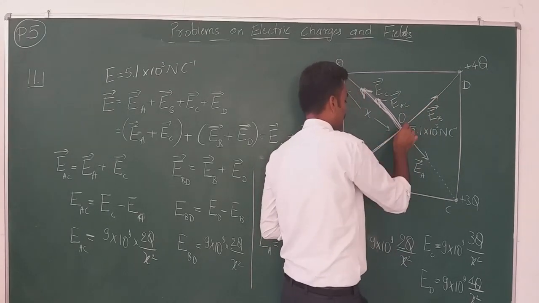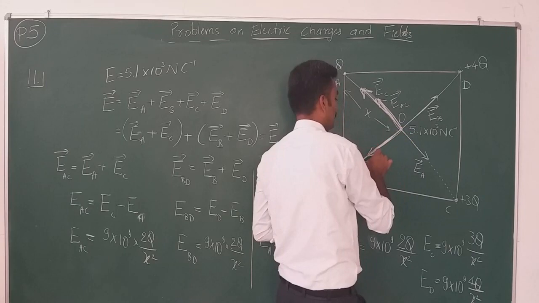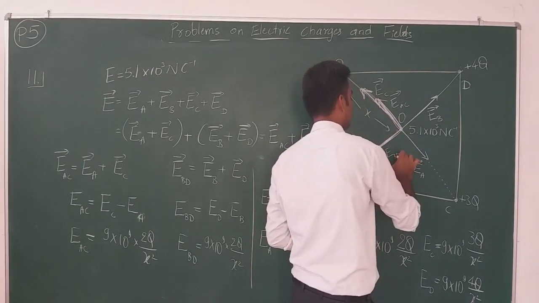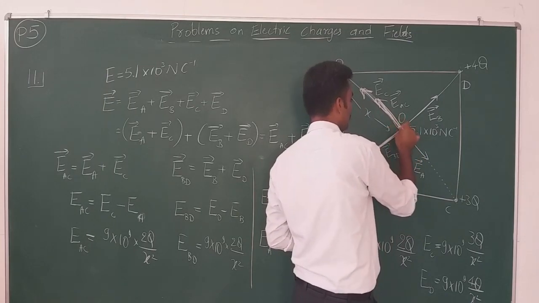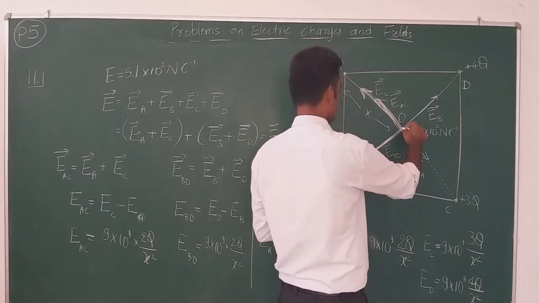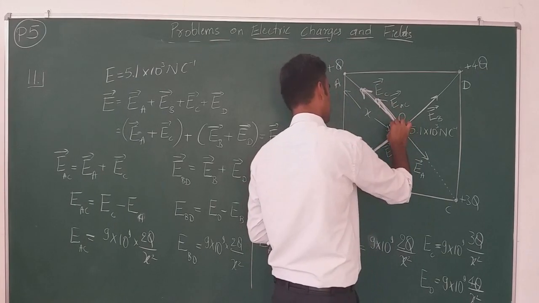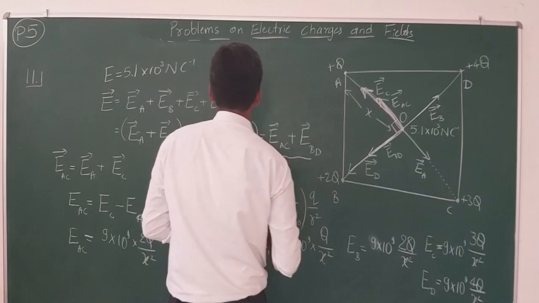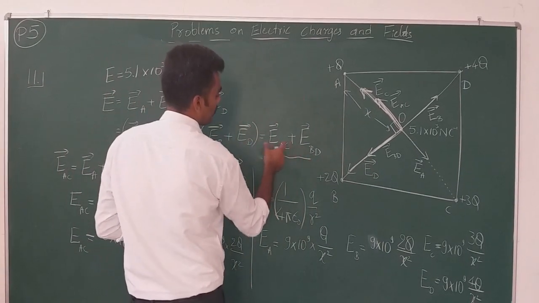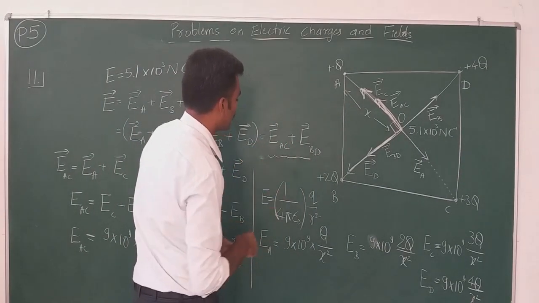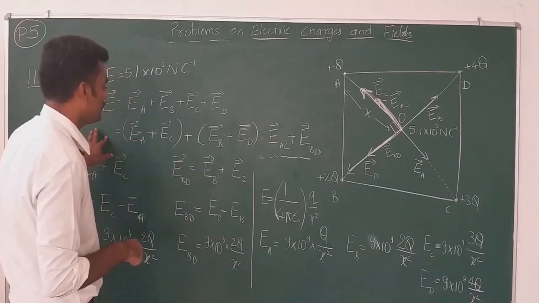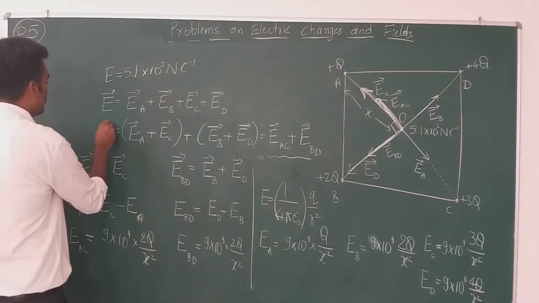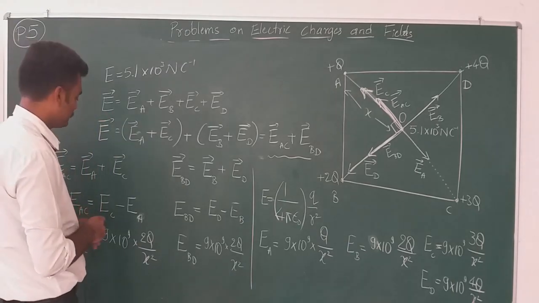So, this is the direction of EBD, like this. Now, look at the angle between EAC and EBD, 90 degrees, right. These two vectors are perpendicular to each other, and hence I can now substitute for the magnitude of the net electric field as follows.